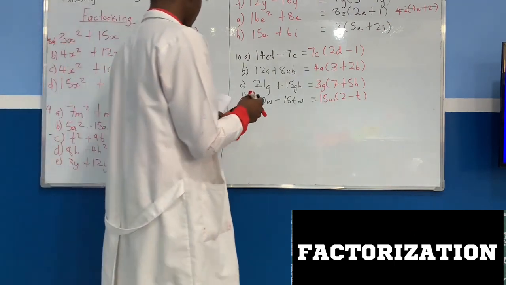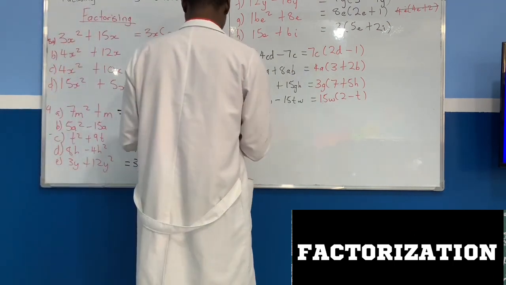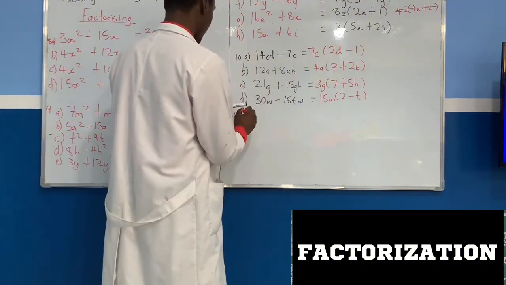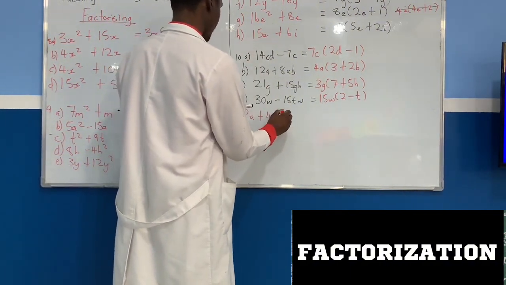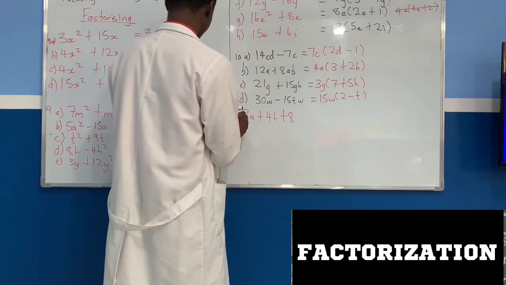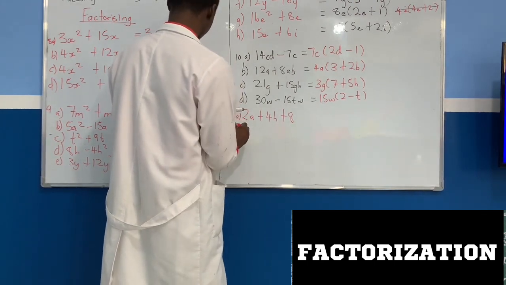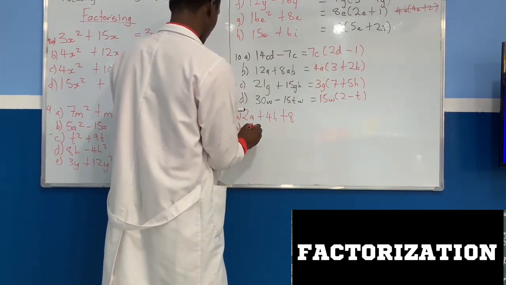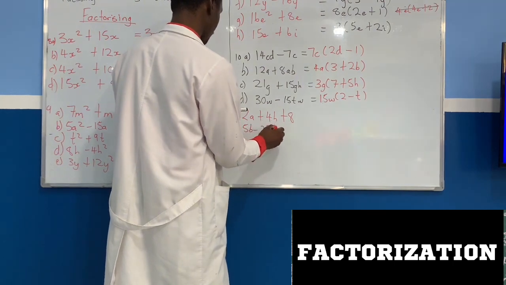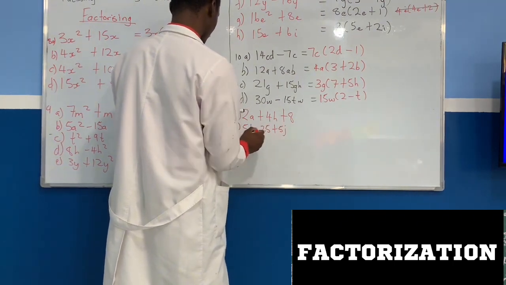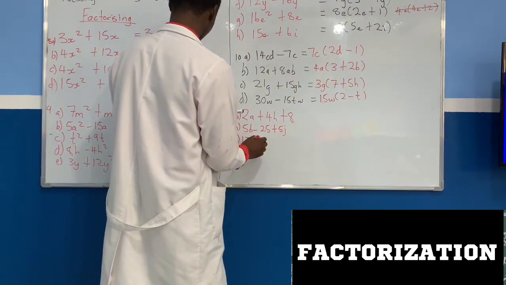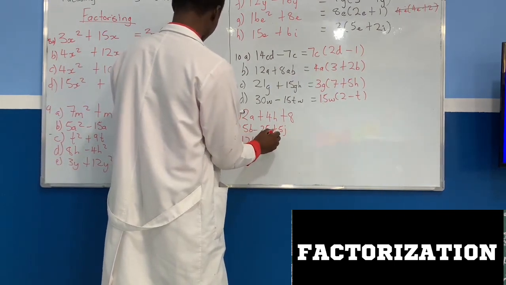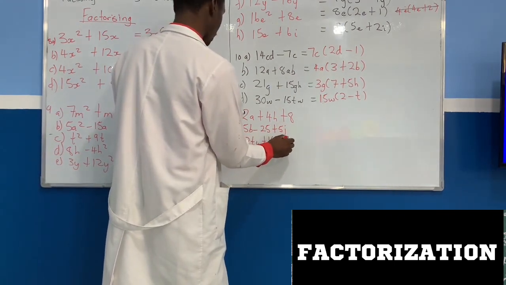Copy and complete each factorization. 11. Okay, so we move on to number 11a. The first one was 2a plus 4h plus 8. The second one was 5b minus 25 plus 5j. C, 12tu plus 16u minus 20.